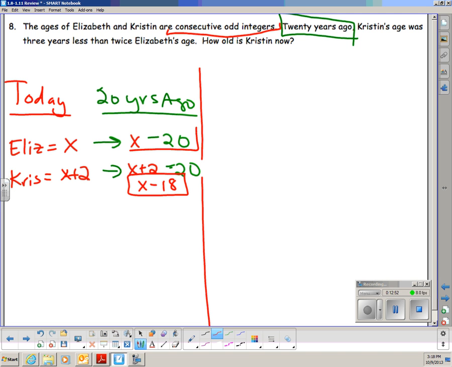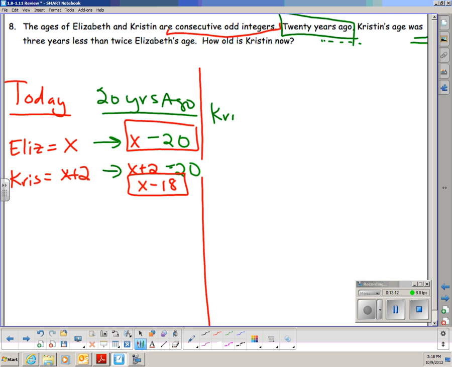So here are my 20 years ago simplified versions. And now I'm going to work with them because this sentence is talking about 20 years ago. Kristen's age was 3 years less than twice Elizabeth's age. Well, let's see. I'm going to look for the equal sign. Kristen's age was, there's my equal sign, 3 years less than twice Elizabeth's age.